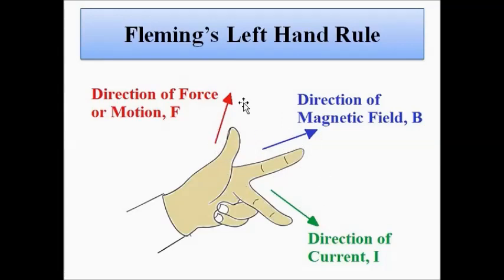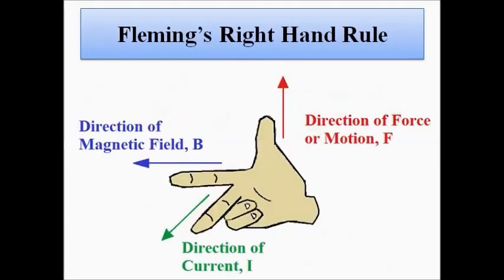These three parameters are in mutually perpendicular directions. That is, the current, the magnetic field or flux, and the force or motion are in three mutually perpendicular directions. The same is the case for Fleming's right hand rule.